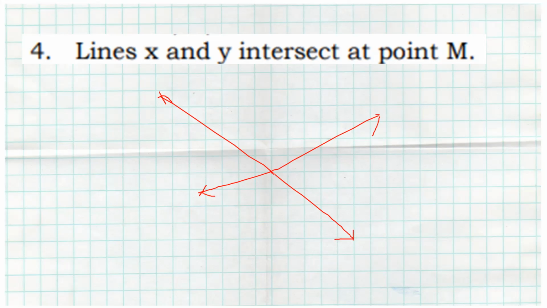This is the point where the 2 lines intersect. This is M. And the line X and Y. So since you're using 1 letter for line, you have to use lowercase letter, okay? So line X and Y intersect at point M. So that's it.